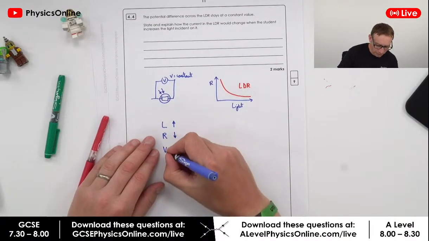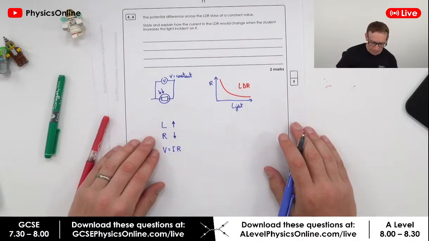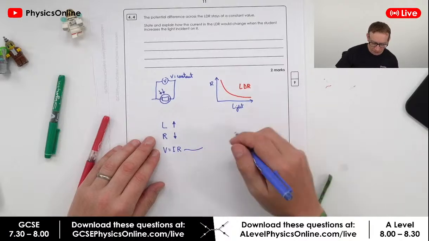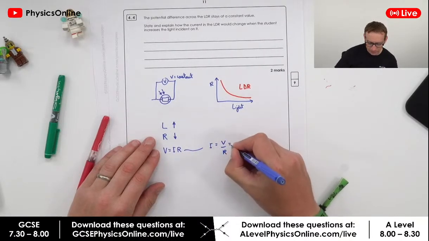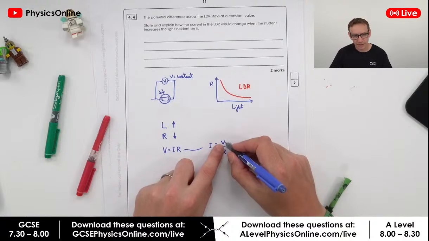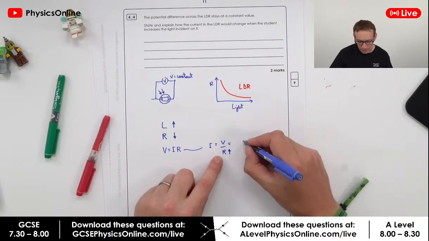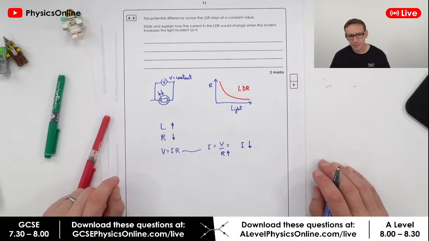But of course we know that V is equal to I times R, and we want to look at what happens to the current. So we could take this equation and say that the current is equal to V divided by R. Now V is going to be a constant value.